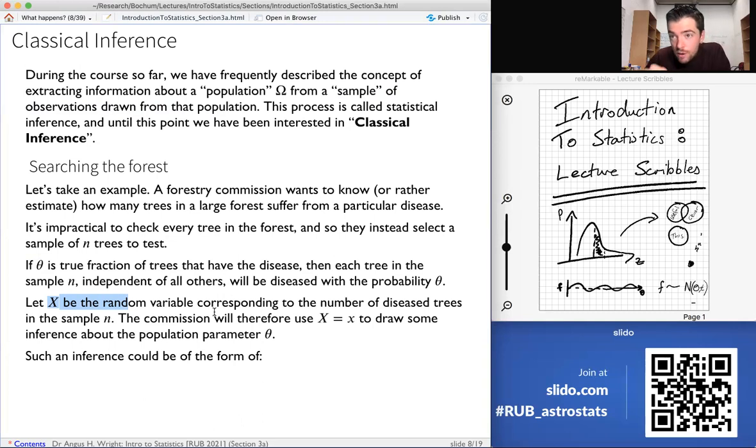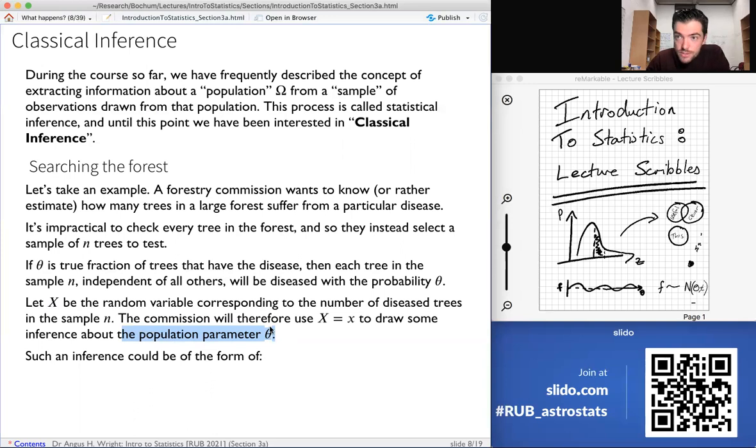And what the commission is going to do is take the number of trees that are diseased within this sample, the fractional representation of the disease within the sample, and use that to draw some inference about the true value of the population parameter that we are interested in, theta, the underlying true probability of a tree having a disease, or rather the underlying true number of trees that have this disease given the entire number of trees in the forest.